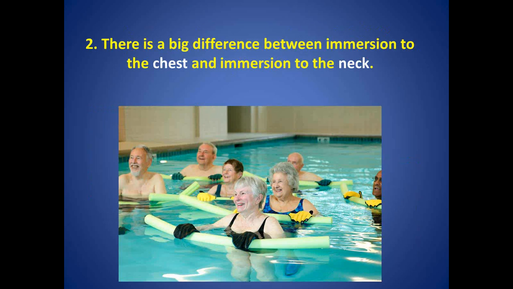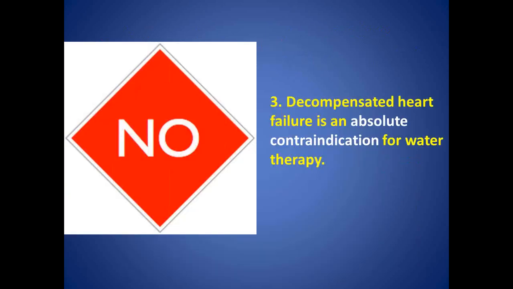Especially when you're dealing with someone who has congestive heart failure or a valvular insufficiency, it's going to matter. So as a rule of thumb, if you've got someone who is cleared to get into the pool as a cardiac patient, as a congestive heart failure patient, just tell yourself chest deep or shallower. Don't go up to neck deep, because it really does make a difference. And again, look at the details in the paper.